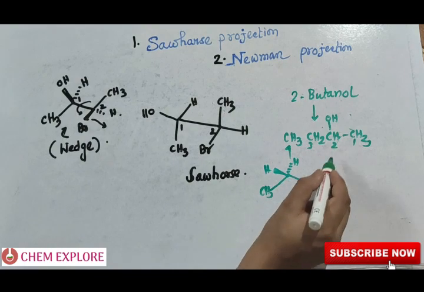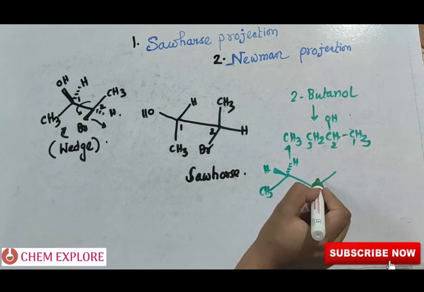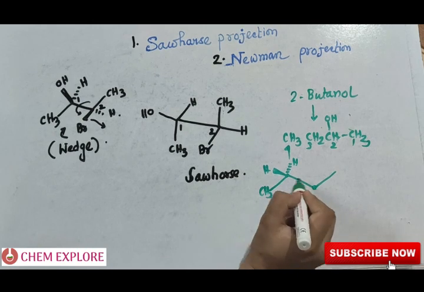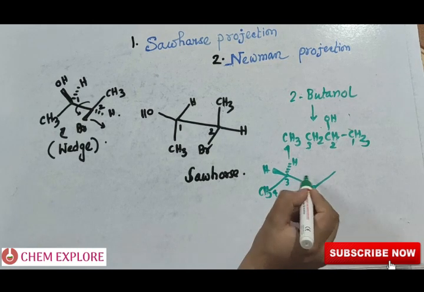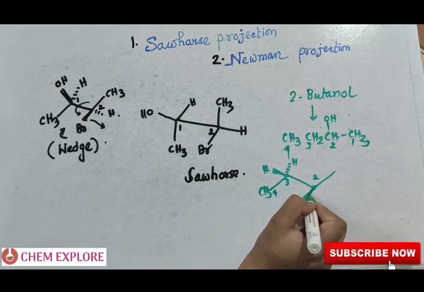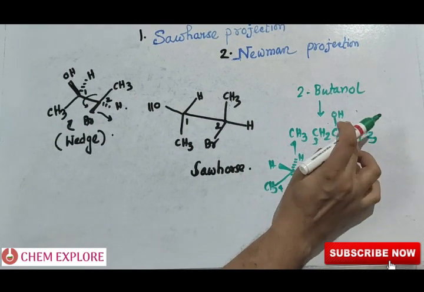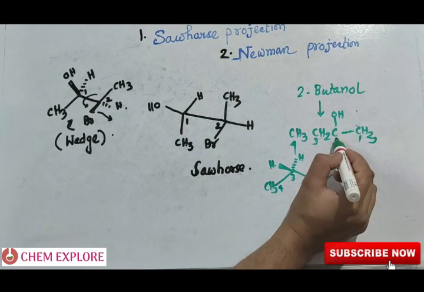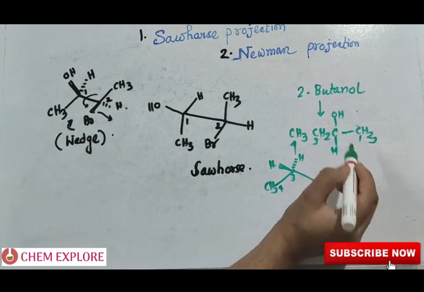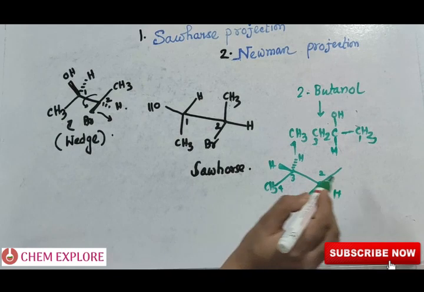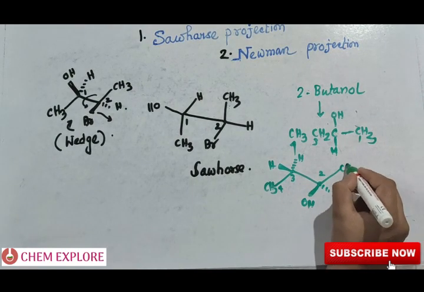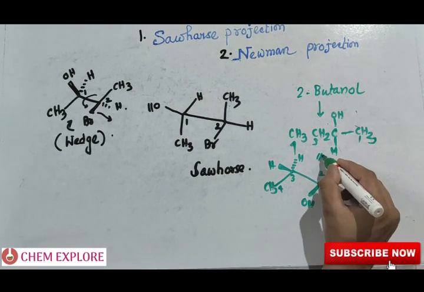Now this 2 number carbon है this, so this is your 4, this is your 3, this is 2. Now हम लोग ऐसे करके लिख सकते हैं. इस कार्बन के साथ क्या है? हाइड्रोजन है, OH है. So we can write in an elaborate way for your better understanding. So this is a hydrogen and this is your CH3, right? We can write this way.